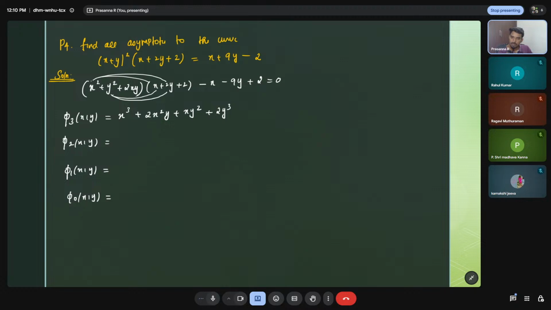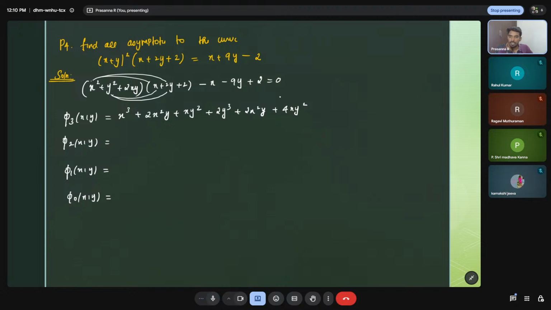and then what else you will have? Degree 3, and here 2xy into x, so 2x square y, 4xy square, right?